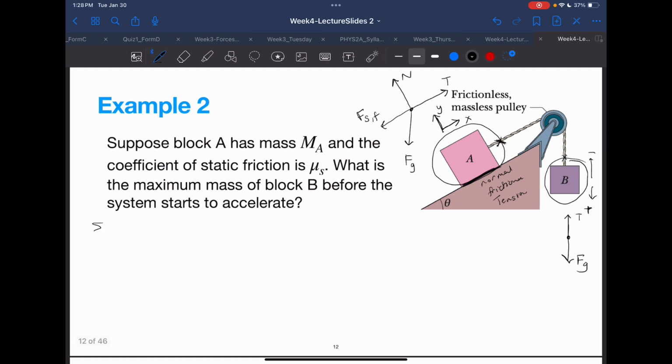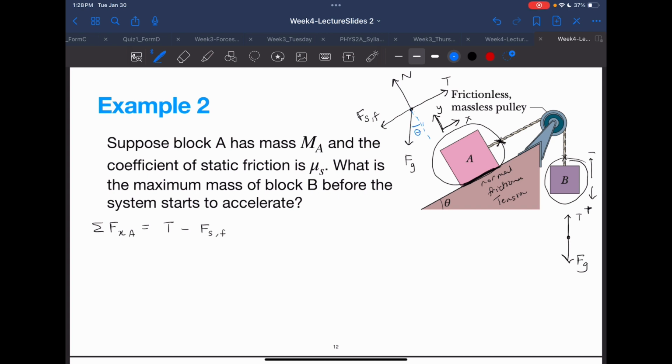So if we do the sum of the forces in the x direction on block A, you have tension pointing to the right. We have maximum force of static friction pointing to the left. Then we also have a component of Fg. As we saw in class today, in a tilted coordinate system, we can figure out that this angle here is theta.